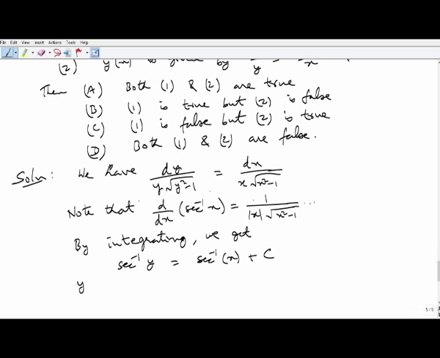So, y at 2 is equal to 2 by root 3, this implies secant inverse of 2 by root 3 is equal to secant inverse of 2 plus c, which implies c is equal to secant inverse of 2 by root 3 will give pi by 6 and secant inverse of 2 is pi by 3.